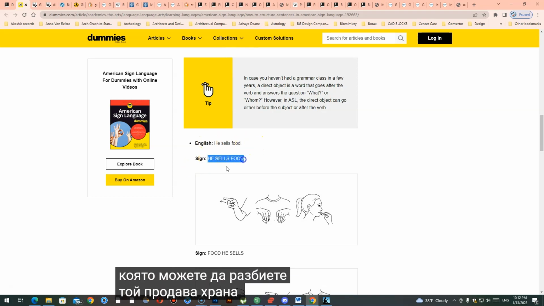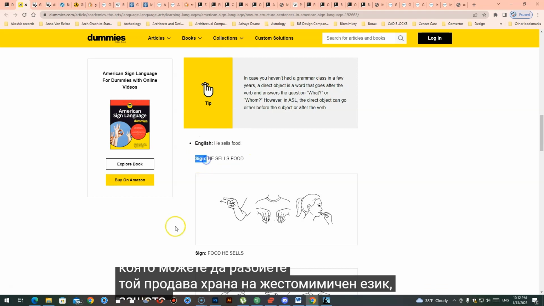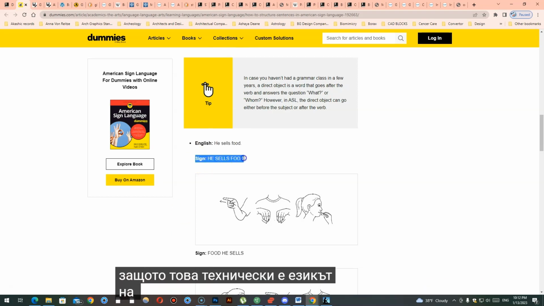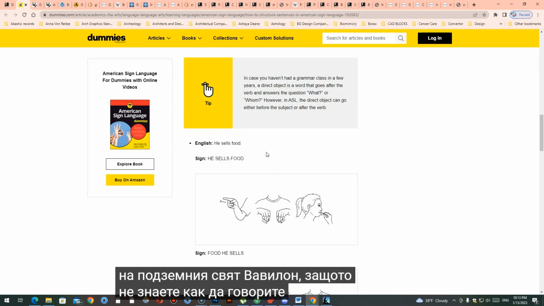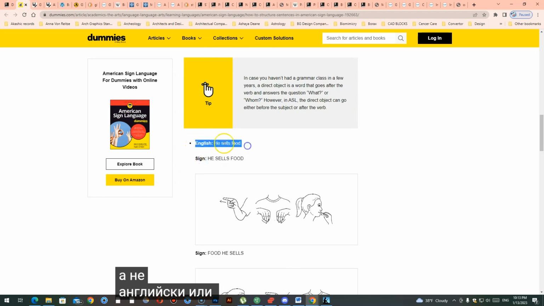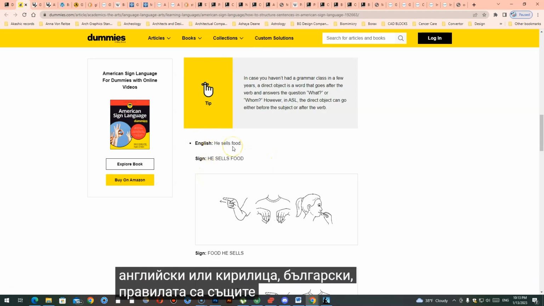He sells food in sign language because this is technically the language of Babylon, the underworld, because you don't know how to speak, or you know how to speak, but you don't know how to read. You don't know how to read the signs in order to understand that this is a sign and not English or Cyrillic Bulgarian. The rules are the same.